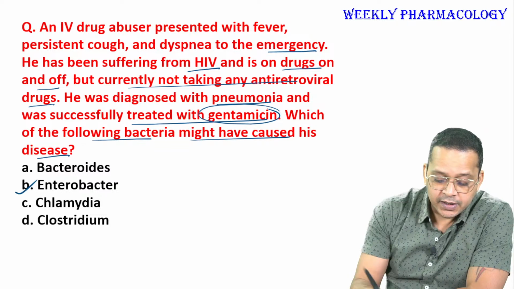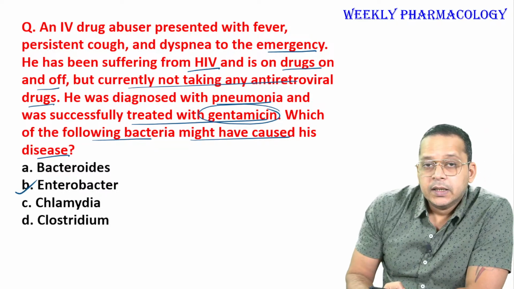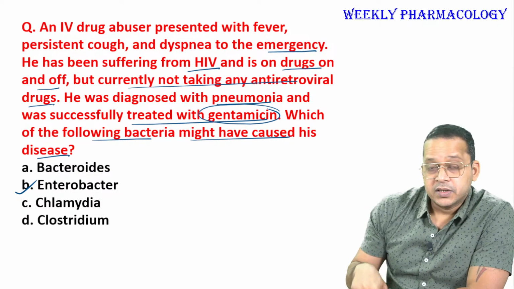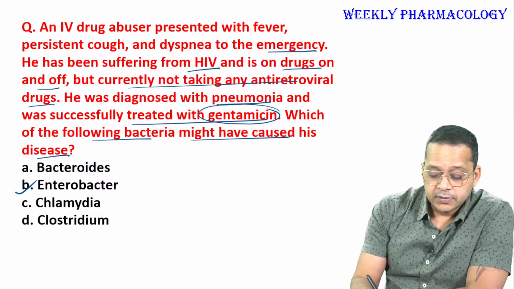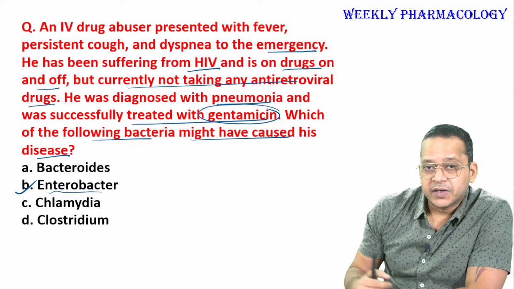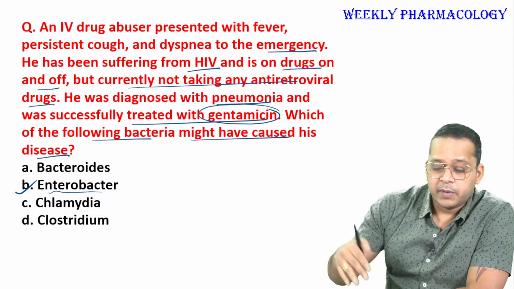Answer is B, Enterobacter. So, it's a gram-negative organism. It's a gram-negative aerobe. Enterobacter is difficult to treat. For Enterobacter, usually we use a carbapenem, right? And if it is a severe infection, then carbapenem can be combined with gentamicin.